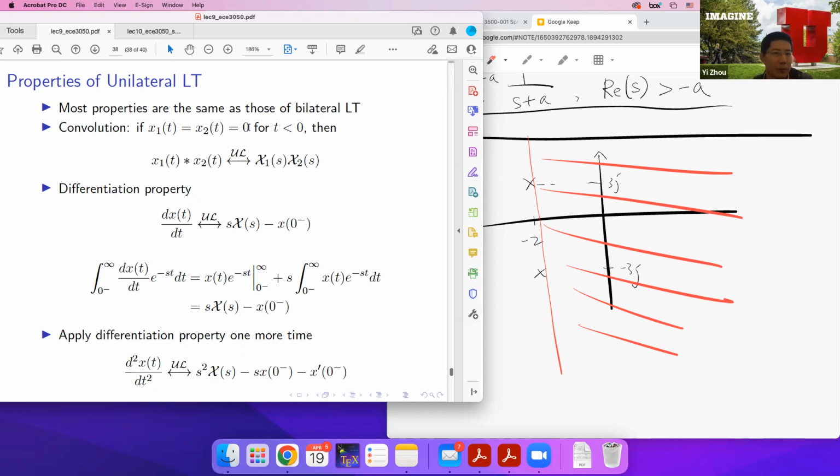We know that for the normal Laplace transform, convolution can always transform into multiplication in the S domain under any condition. But here, in order for this to hold for the unilateral transform, we need both signals to be causal. Okay.